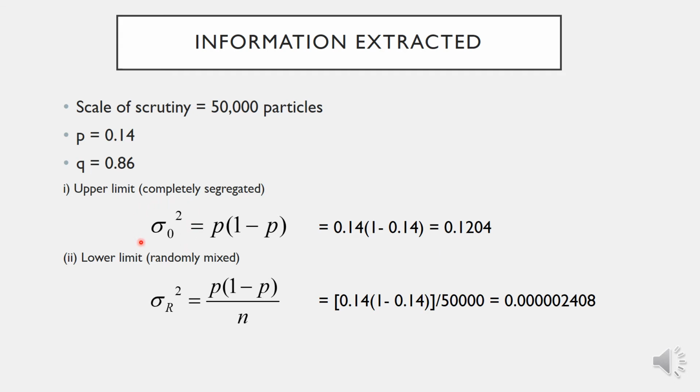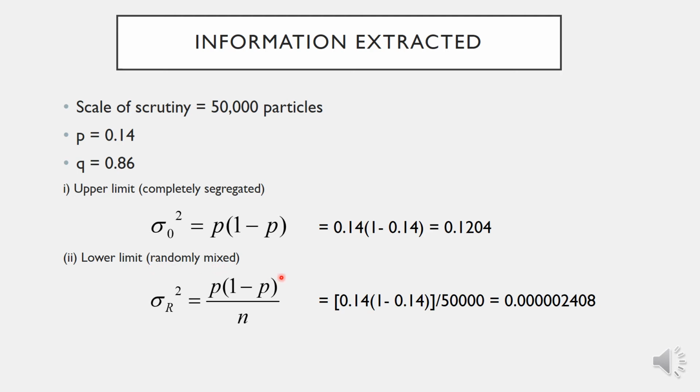To know the starting point, it is P times Q, or P times (1 minus P), so basically 0.14 times (1 minus 0.14). So this is our starting point, and we know where we want to stop. We mentioned in the lecture before this that we are not hoping to get a perfect mixture. What we are aiming for is the random mixture.